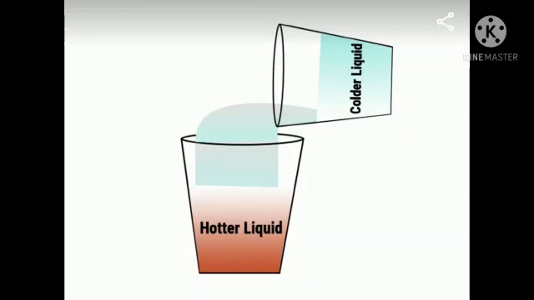It happens because the hot liquid releases heat and the cold liquid gains this heat. If there is no loss of heat, then the heat lost by the hot body will be equal to the heat gained by the cold liquid. This is called the principle of method of mixtures.